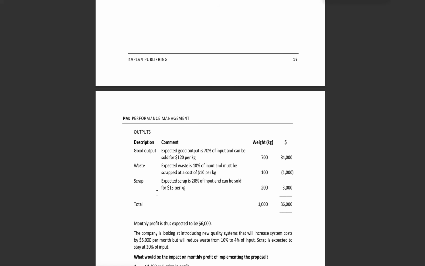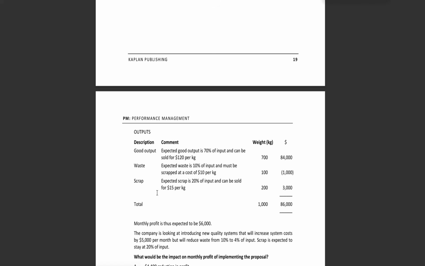Now output is the good output. Expected good output is 70% of input and can be sold for 120 per kg. In this way, they have calculated 84,000 output. For waste, they expect 10% of input will be wasted and scrap at 10. So they have calculated the cost for it is 1,000. And again, expected scrap is 20% of input, which can be sold at 15.